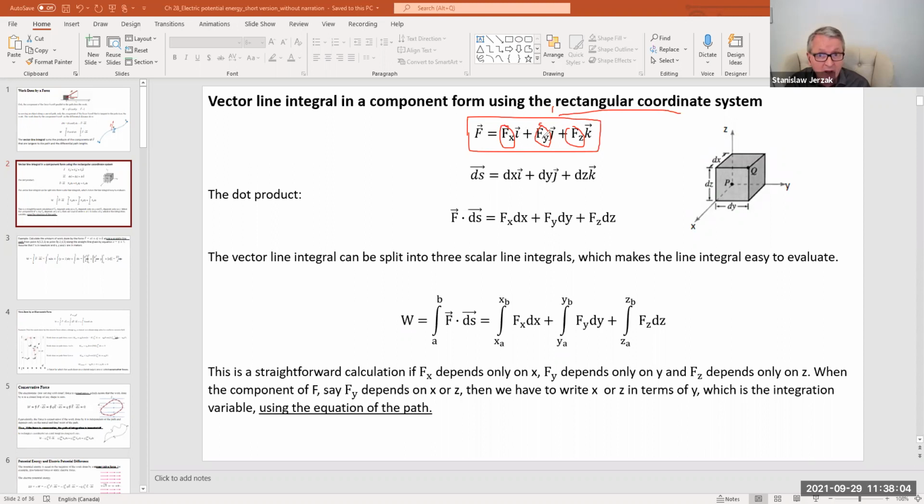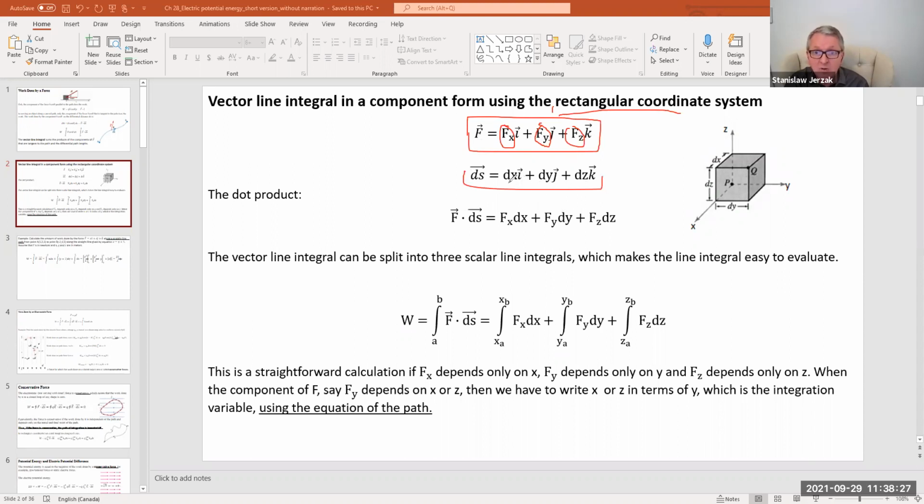And in general, Fy can depend on x, y, and z. So in general, Fx, that x component, can be a multivariable function depending on the situation.